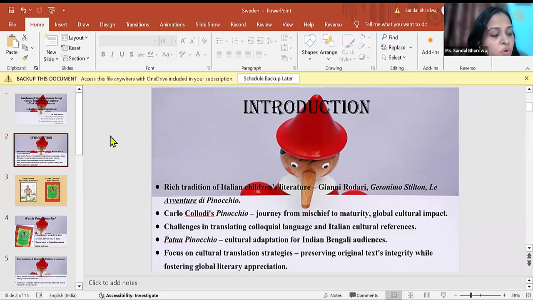This semantic shift of The Adventures of Pinocchio into Patua Pinocchio presented challenges due to the story's colloquial language and specific Italian cultural references. However, this process of cultural translation goes beyond words. It captures the essence of Italian literature, making it accessible and relatable to Indian Bengali audiences.